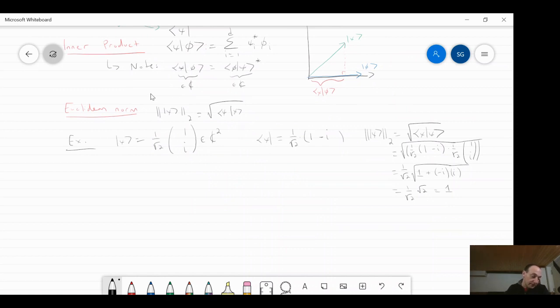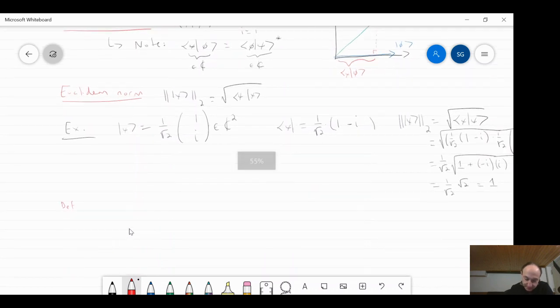And now that we have a notion of norm, or the size of a vector, we can define a notion of distance. And distance is, of course, super important. So, defining distance via the Euclidean norm.